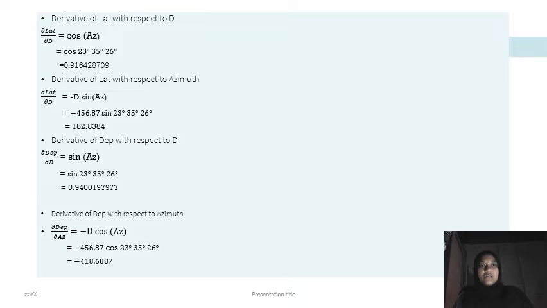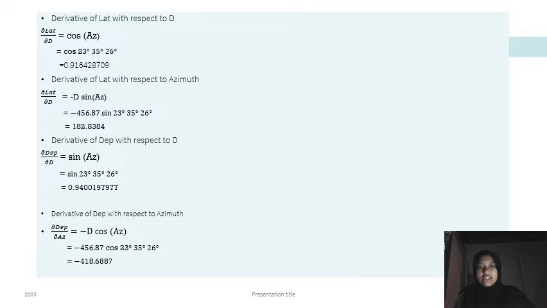Okay, for the derivative of lat with respect to azimuth, the formula is minus d sine azimuth, equal to minus 456.87 sine 23 degrees, 35 minutes and 26 seconds. And the answer is minus 182.8384.